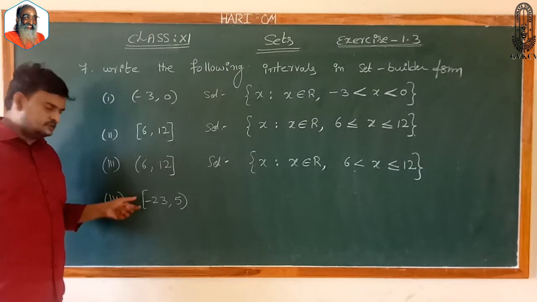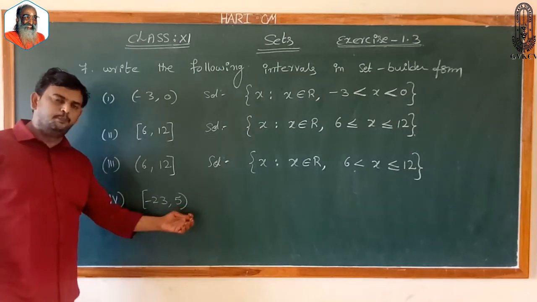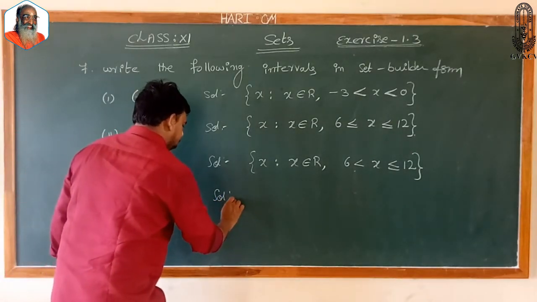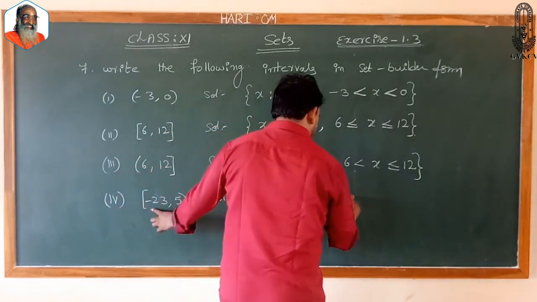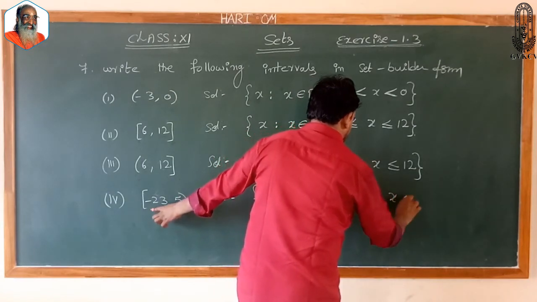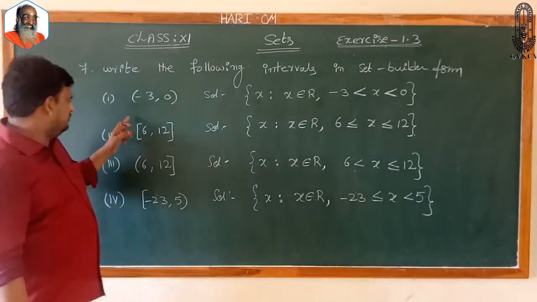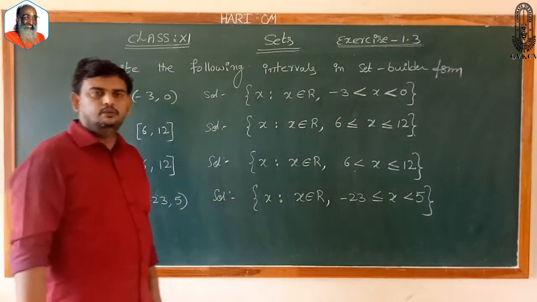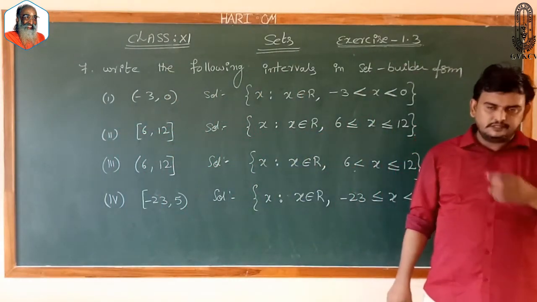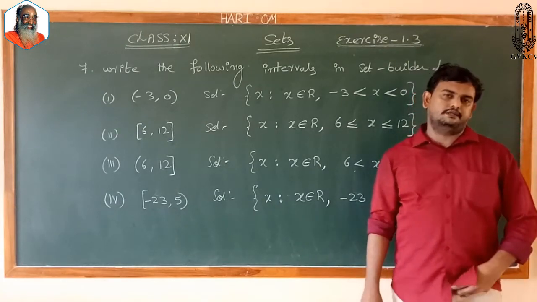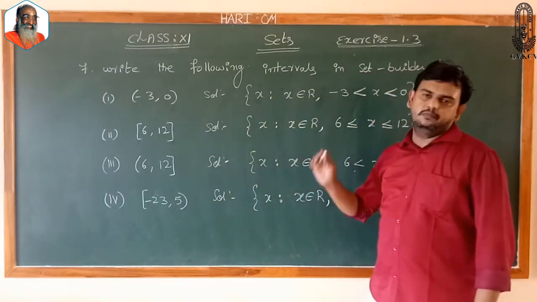Next, left side closed, right side open, means x such that x belongs to R, minus 23 less than or equal to x less than 5. So wherever we have square brackets, we use the less than or equal to symbol. Wherever we have open brackets, we use the less than symbol. This is nothing but converting intervals into set builder form.